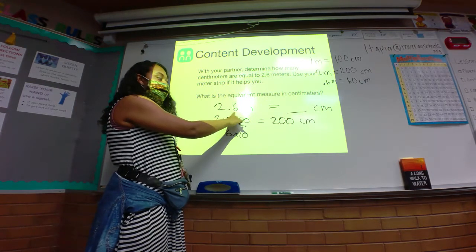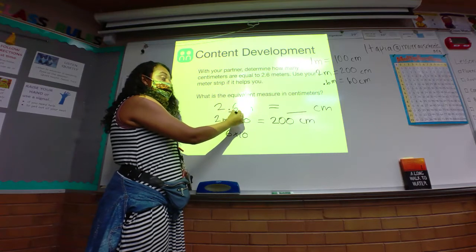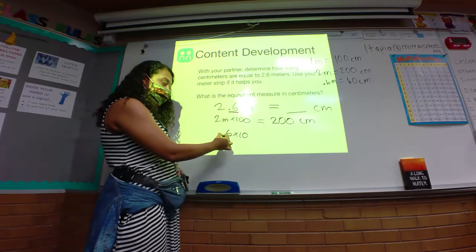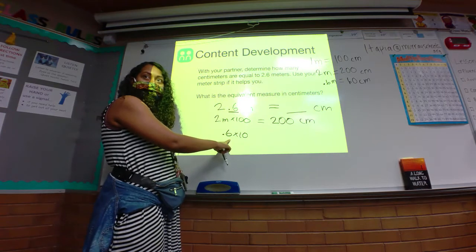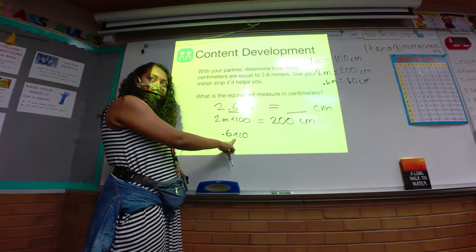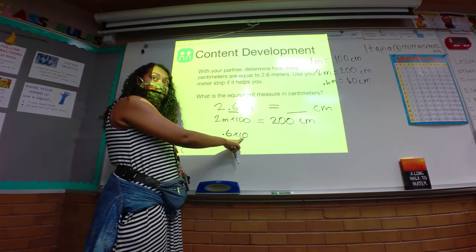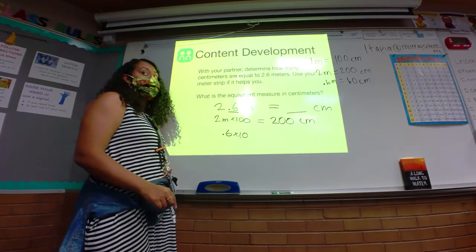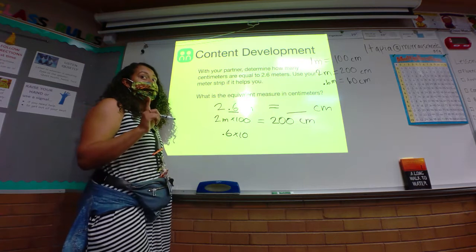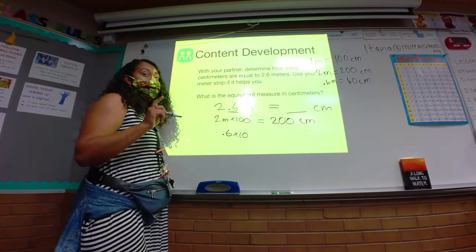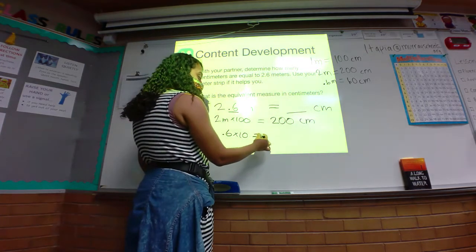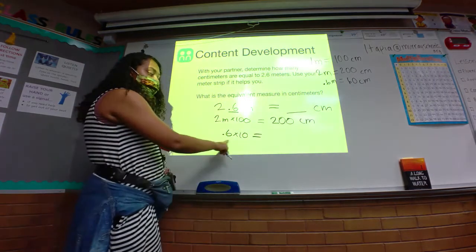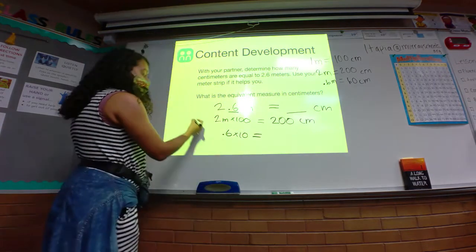It's 6 tenths. So decimal 6 multiplied by 10 equals decimal 16. If you do 6 tenths times 10, that's not going to give you 60.